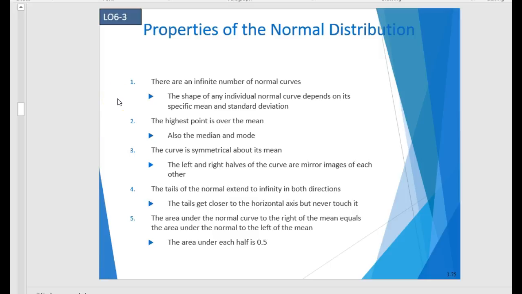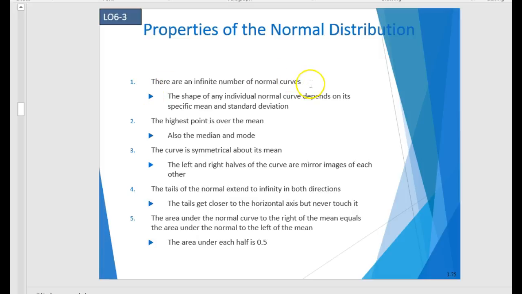The highest point is over the mean, which is also the median and the mode. We actually saw this in, I believe, chapter 3. This was the graph that showed us the curves, and then you saw mean, median, and mode in the symmetrical curve, and then you saw mean, median, and mode and what order they were in on curves that were skewed left or right.